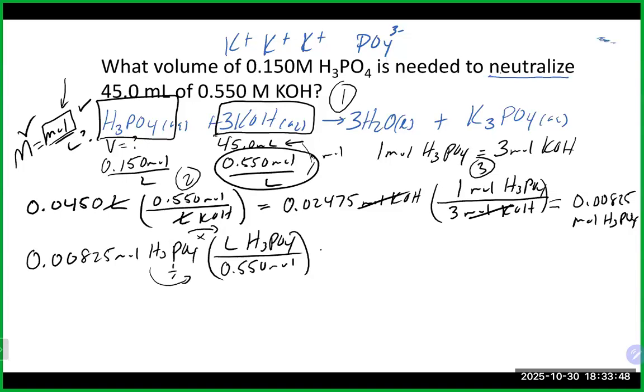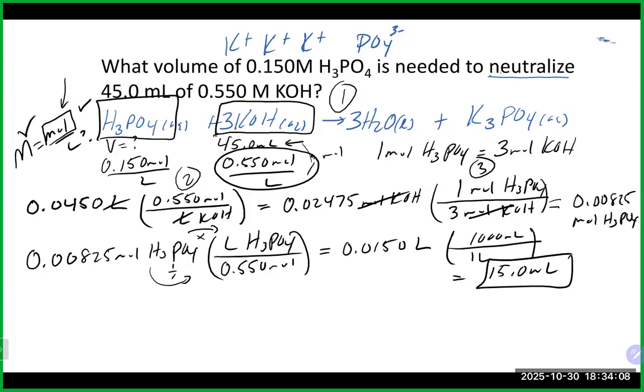And that's going to give us 0.0150, and the units here would be liters at this point. If we want milliliters, once again, a liter is 1,000 milliliters, so something like 15 milliliters in this particular case.